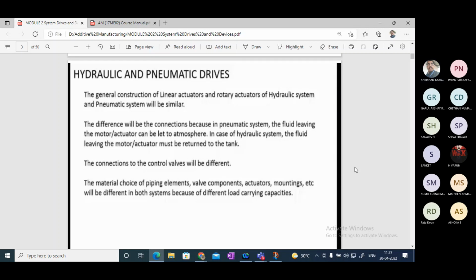The differences are in the connections. In pneumatic systems, fluid leaves the motor and is led to the atmosphere. In a hydraulic system, fluid leaves the motor and actuator and must be returned to the tank. Similarly, once the compressed air has worked in the rotary or linear actuator, it is led to the atmosphere, while in the hydraulic system it is taken back to the reservoir tank.